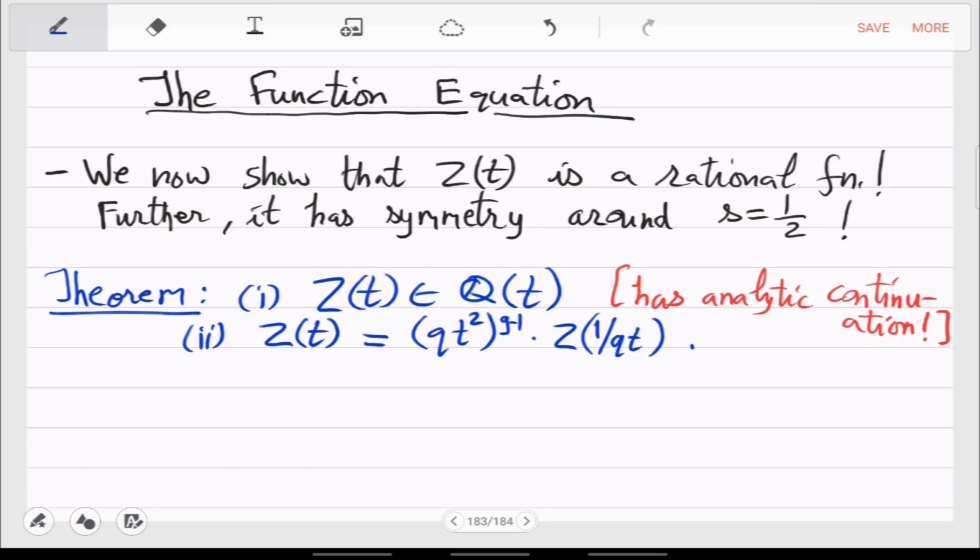Okay, so how does Z of t compare with Z of 1 over qt? And there is a nice expression, which again there was no reason for this nice expression to exist, because even after you have rational functions, the ratio of two rational functions could be very complicated, but here it seems to be not. It's highly elegant.